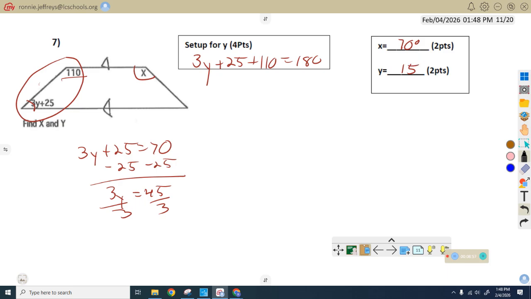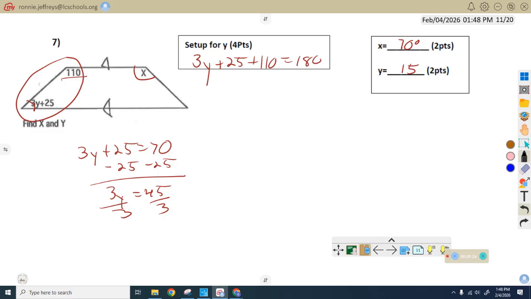Okay, now, that's kind of the big point of some of this vocab that you had at the very beginning. X would only be 110 if it was an isosceles trapezoid. Checks out.